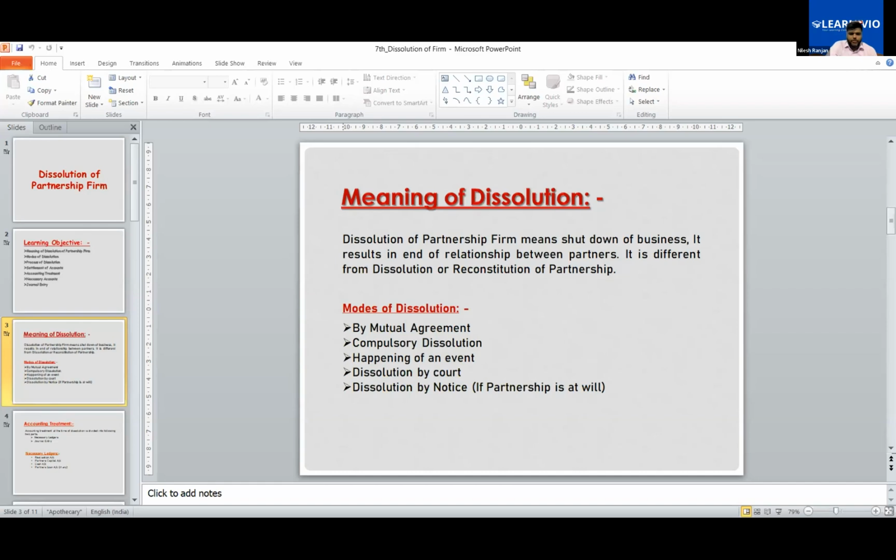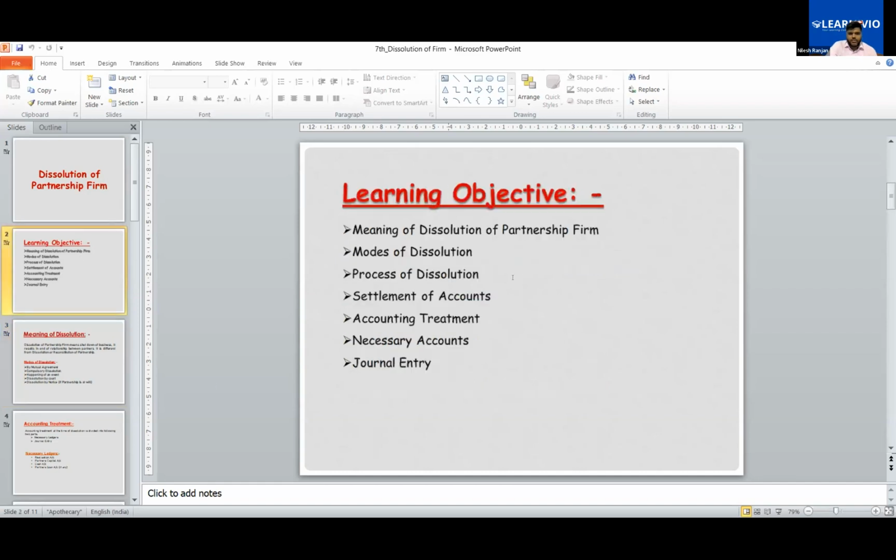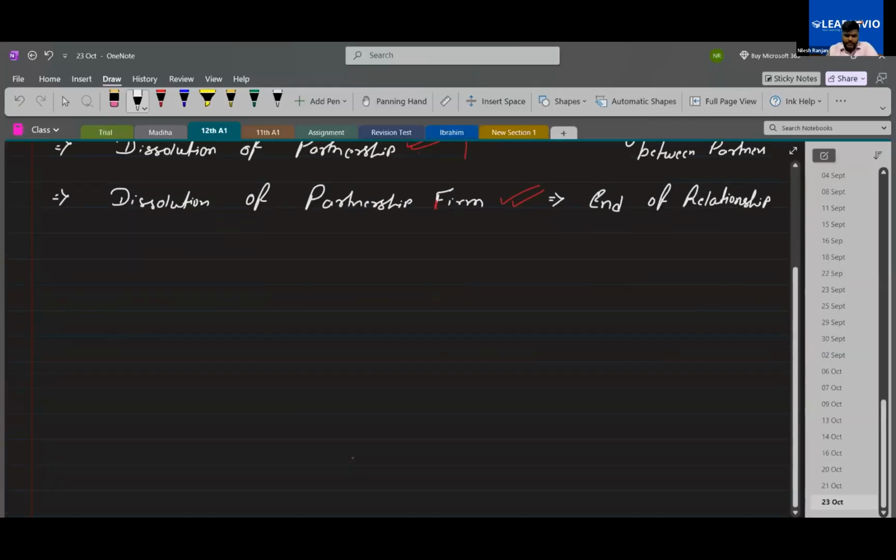Now, the next topic is modes of dissolution. We have discussed the process of dissolution, how dissolution will go through settlement of accounts. When we say dissolution, what should be done first?